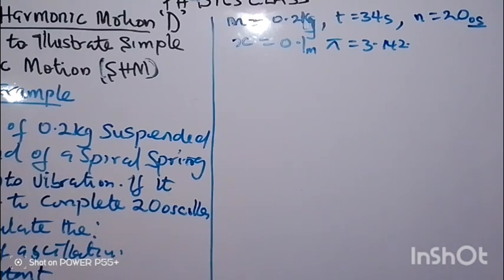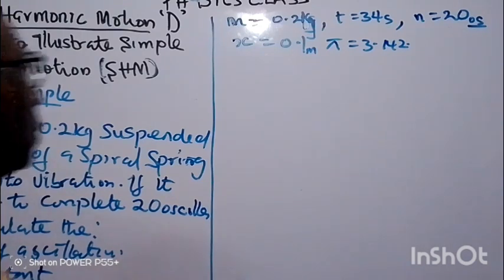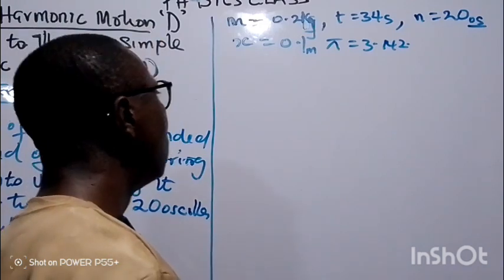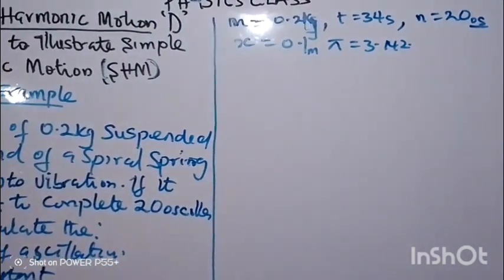Now, the first question says we should calculate the period of the oscillation. Mind you, from the general formula of simple harmonic motion, we'll be able to calculate the period of this spring.